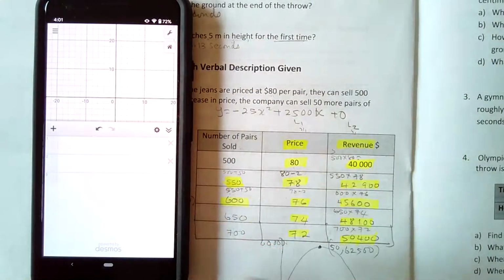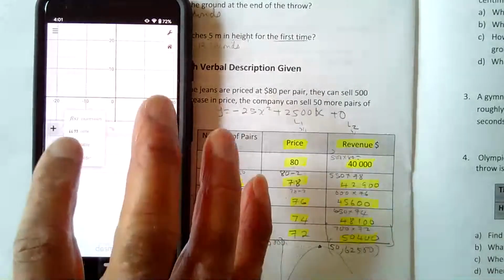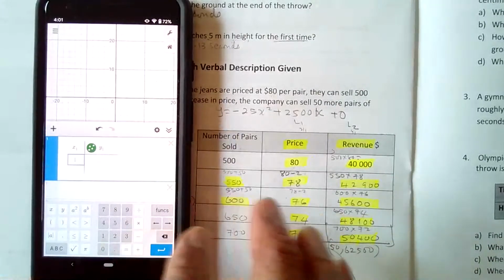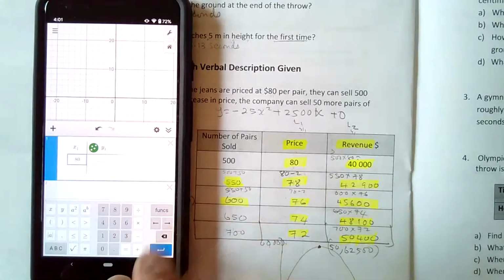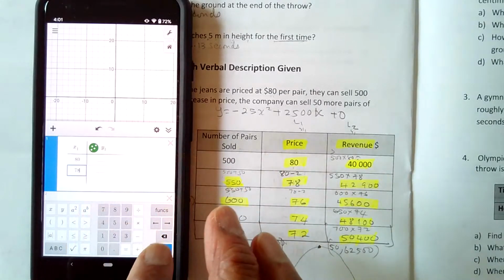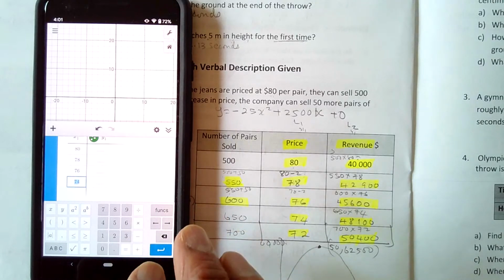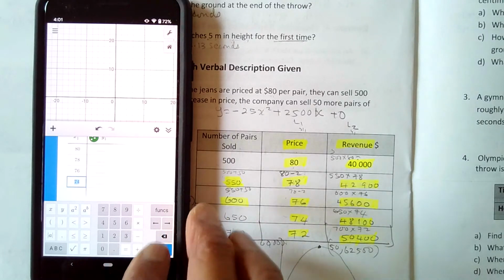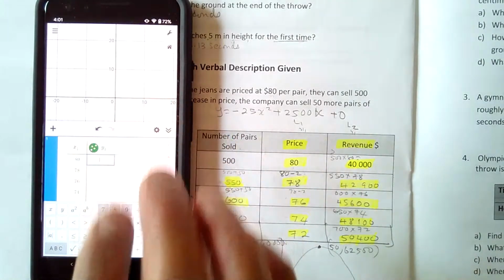So we press the tab or button there, press table. And we have 80, 78, 76, 74, 72. And we'll go over to the other side.